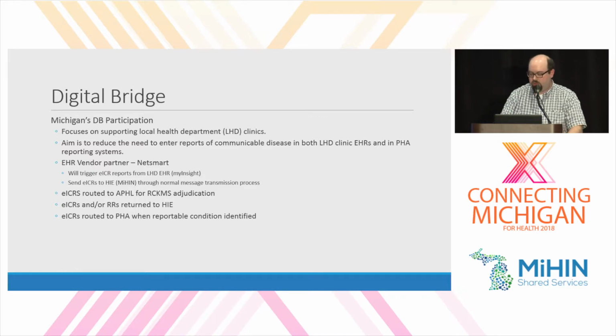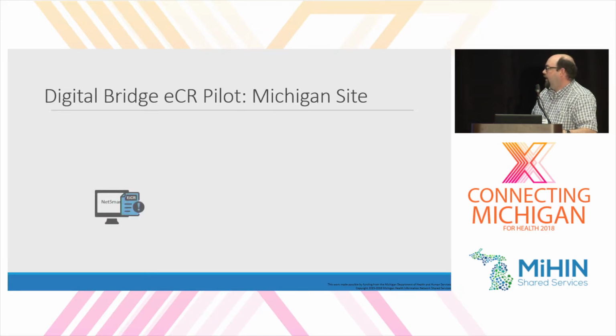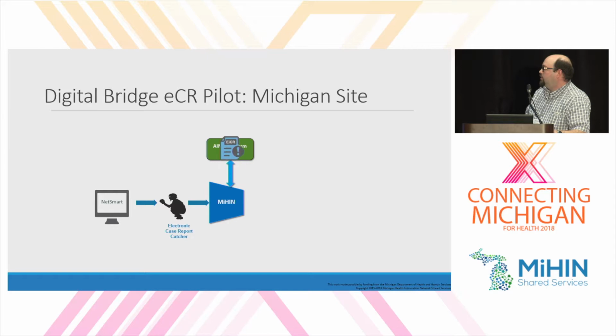So I have this nice little animation on how that's supposed to work. Let's cross our fingers and see if this is going to work here. So here you have NetSmart, and you have their EICR generated. They say, oh, we've discovered a case of salmonella. Let's send it off to MiHIN. So they send it off to the catcher there at MiHIN. MiHIN takes it, recognizes it as an ECR, and then sends it up to the AIMS platform, which is the host for the RCKMS.